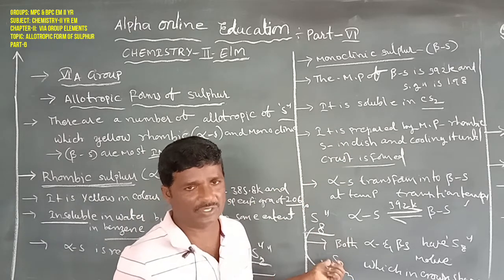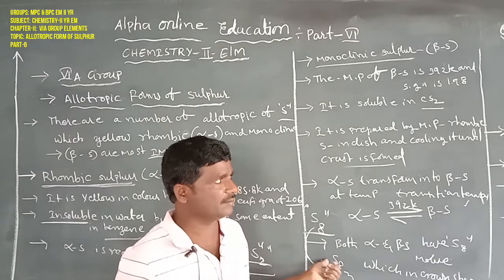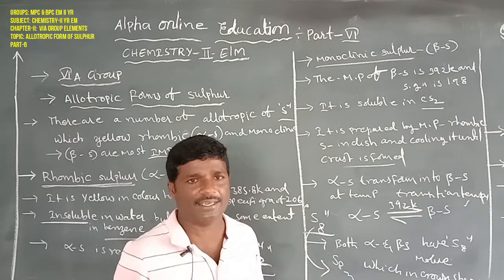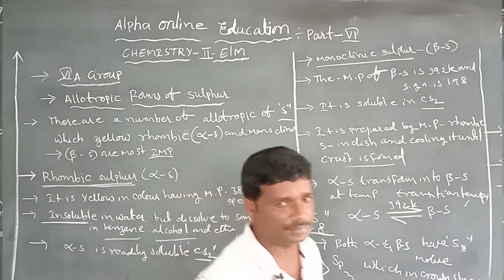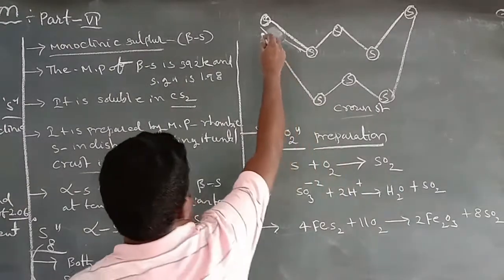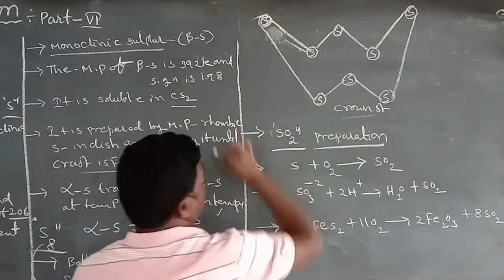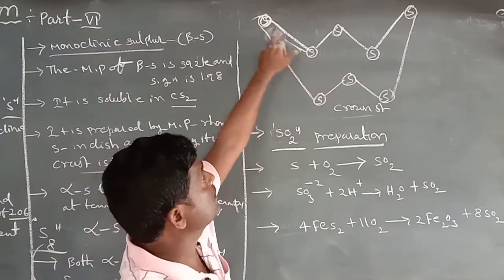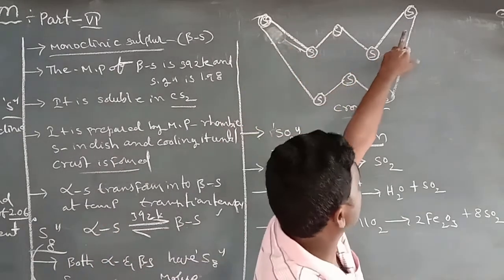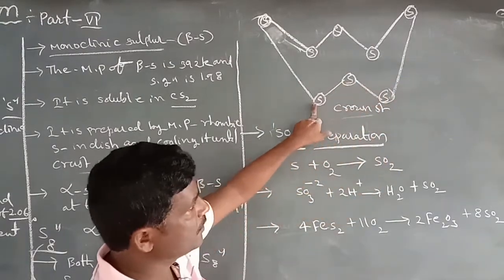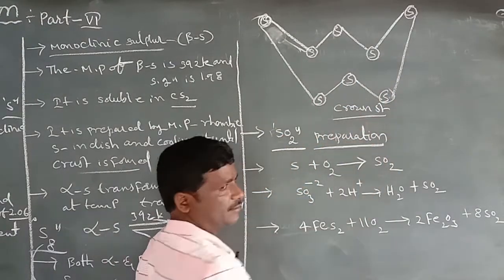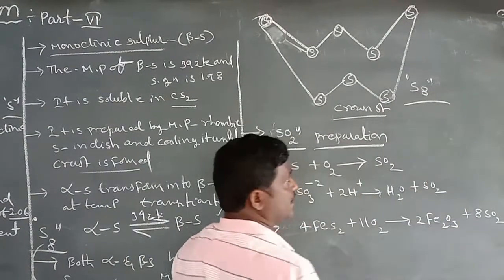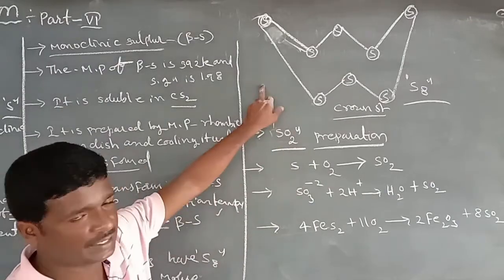The S8 molecule exists as a crown structure with eight sulfur atoms: 1, 2, 3, 4, 5, 6, 7, 8 forming the S8 molecule.